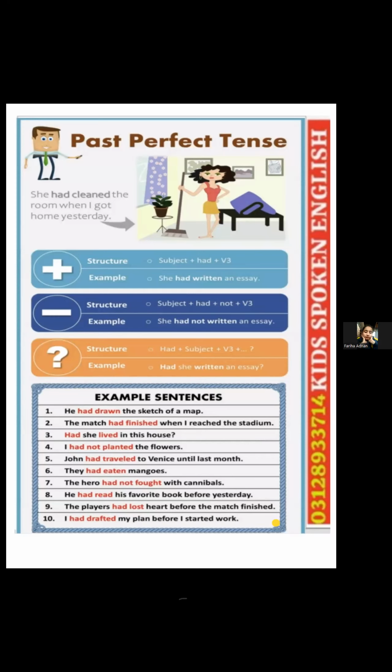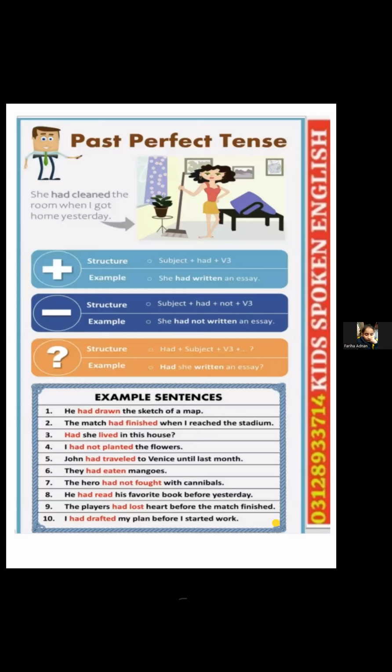The hero had not fought with cannibals. He had read his favorite book before yesterday. The players had lost heart before the match finished. I had drafted my plan before I started work.